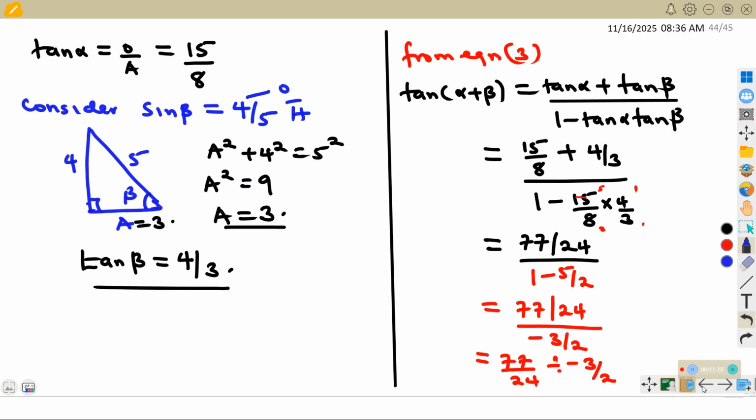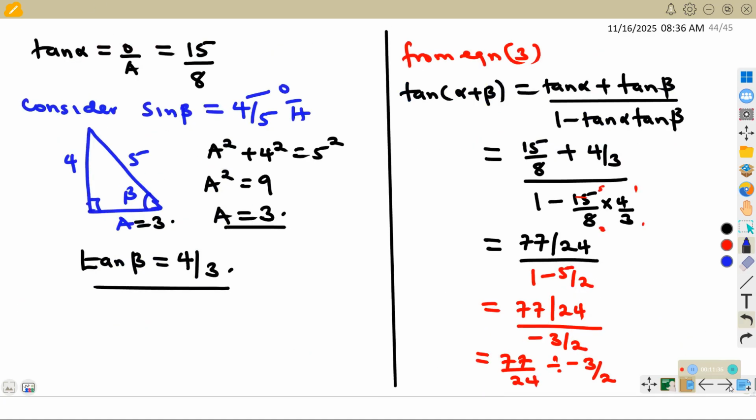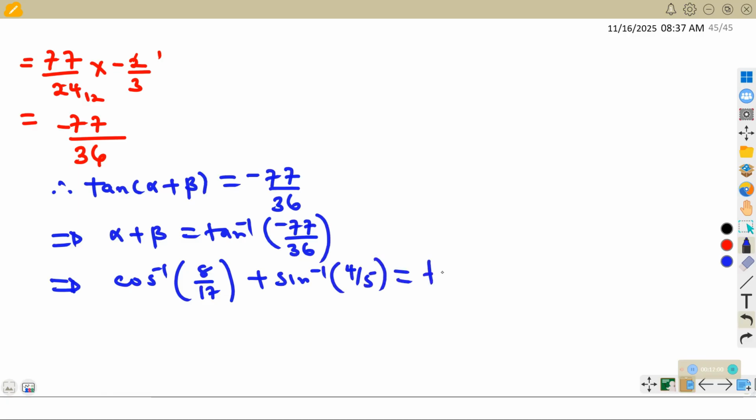And from this, you already know that your alpha is cos inverse of that. You already know that your beta is sine inverse of that. So when we place them back, it means that cos inverse of 8/17 plus sine inverse, which is representing beta, sine inverse of 4 over 5 will be equal to tan inverse of negative 77 over 36.